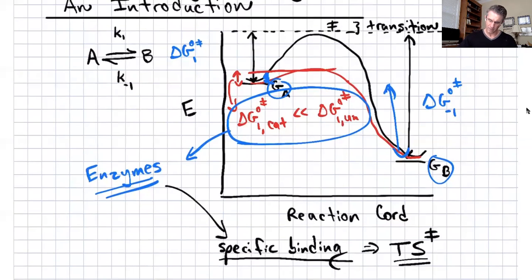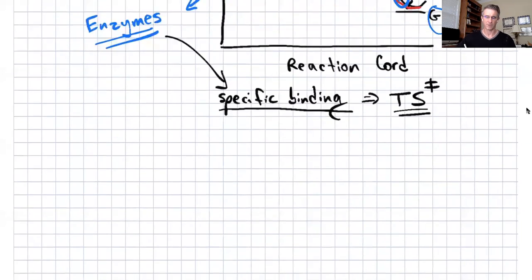Say for this transition between the ground state and the transition state, right? Let's say delta G double dagger 1. Well, we could use the Gibbs equation to write that out and think about this in a big picture way. Delta G naught double dagger, we can decompose using the Gibbs work function into the enthalpy contribution, right?